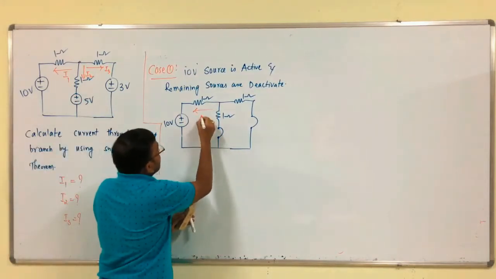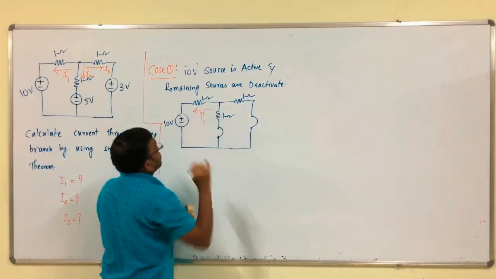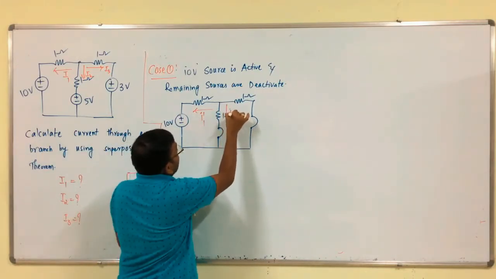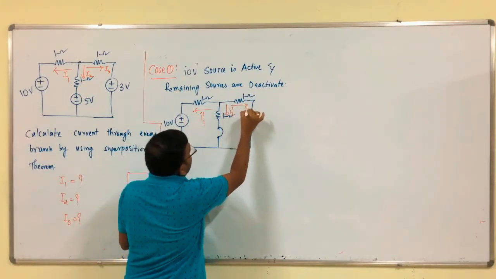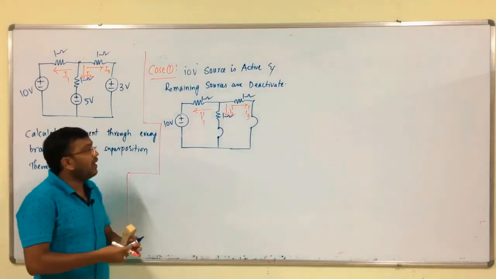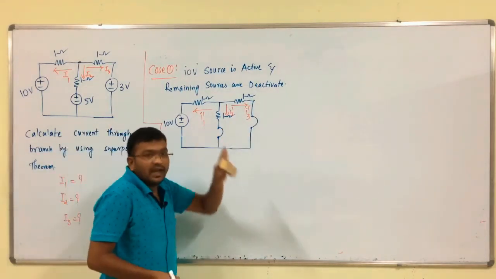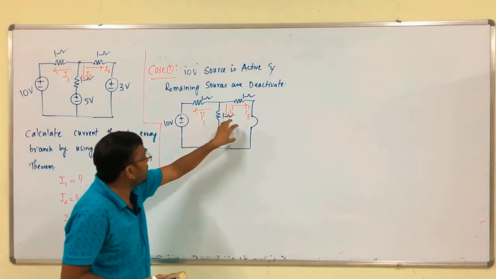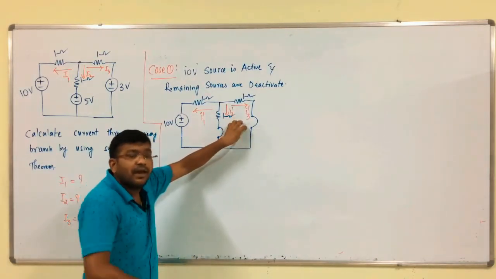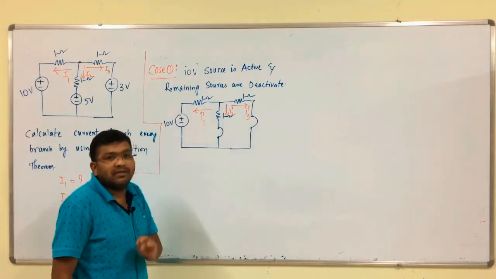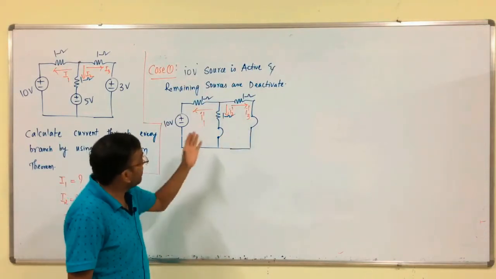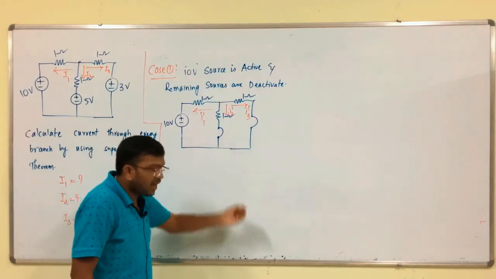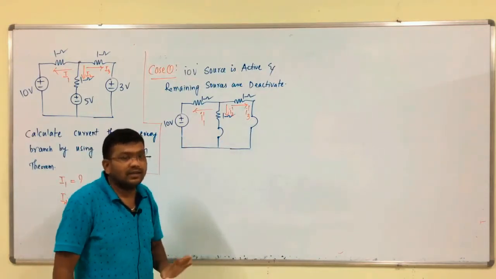Now I am going to consider it as small I1 dash. This could be I2 dash and this could be I3 dash. Now we have to calculate I1 dash, I2 dash, I3 dash from this circuit by any of the methods, whether it is KCL approach, KVL approach, source transformation, mesh analysis or nodal analysis.